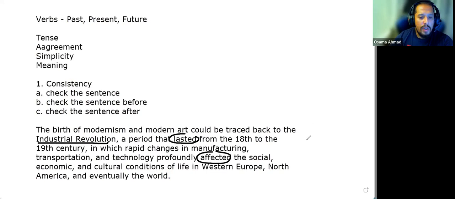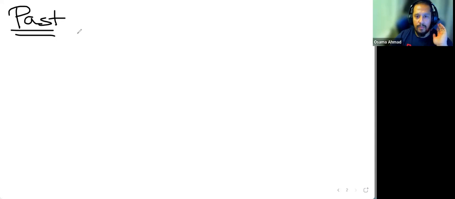So when you're dealing with verbs, you're dealing with consistency. And how do I know consistency? I check the verbs of the sentence. I check the date of the sentence. Now, regarding the verb forms themselves, when we talk about past tense verbs, that's enough about consistency.